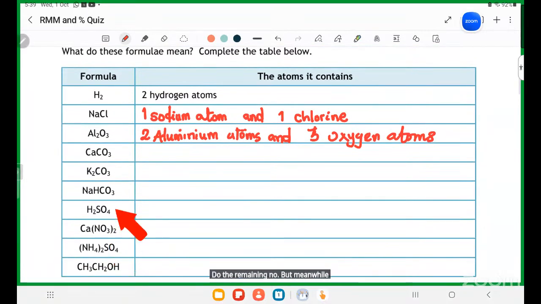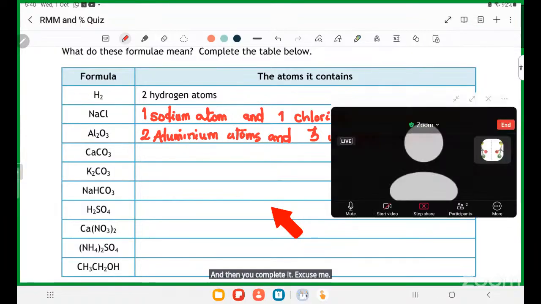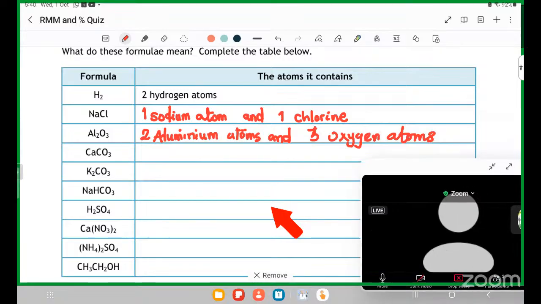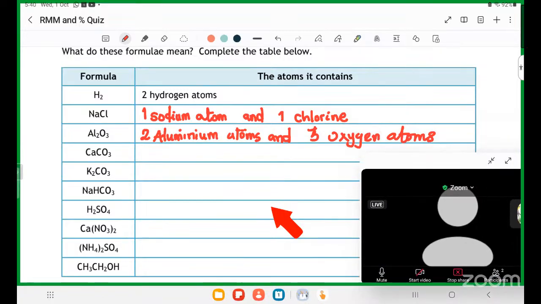But meanwhile, you have to write this and then you complete. Do you understand what to do? Yes. All right. So start.